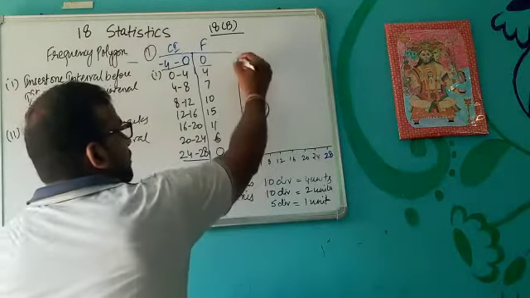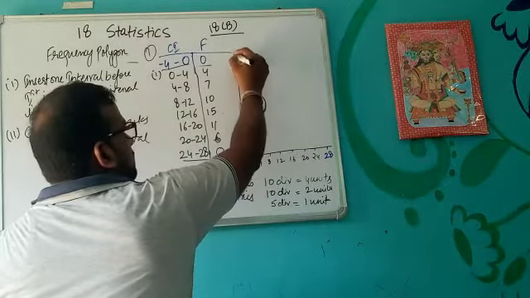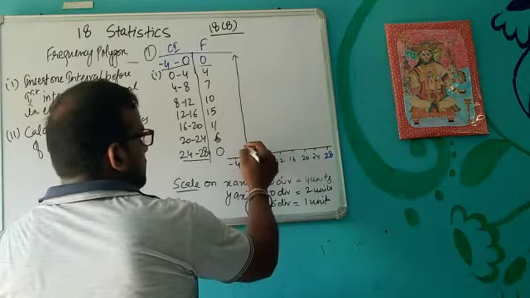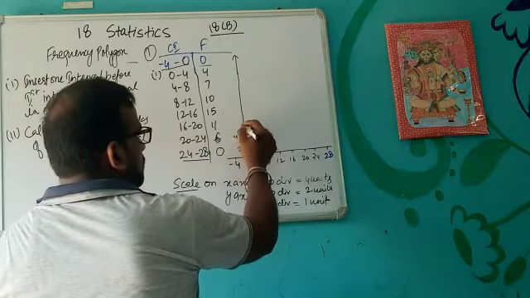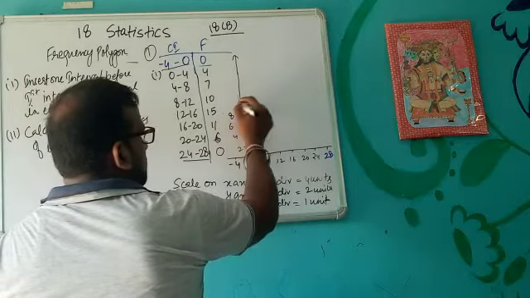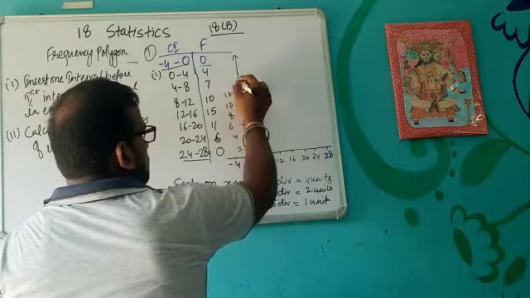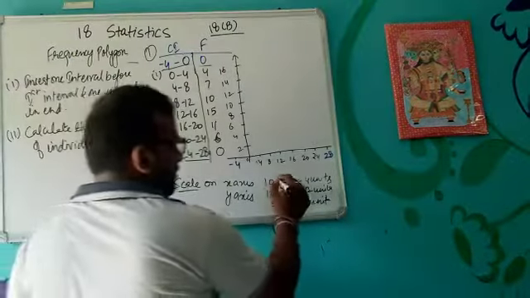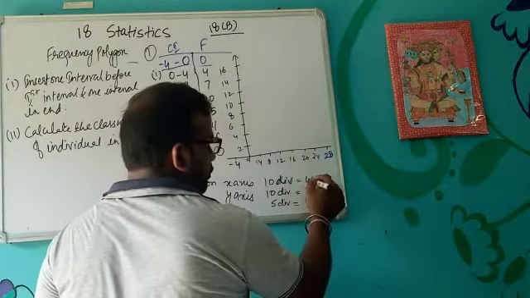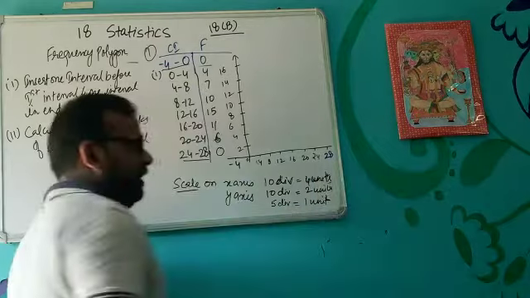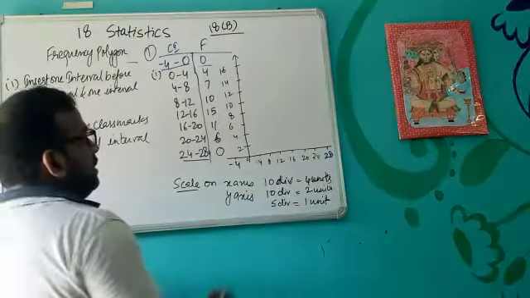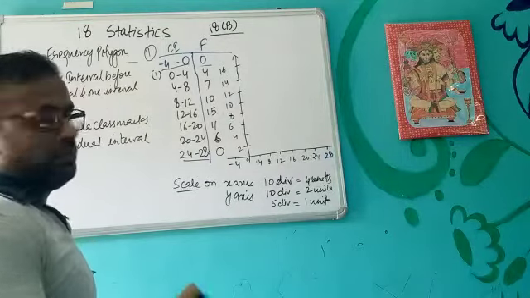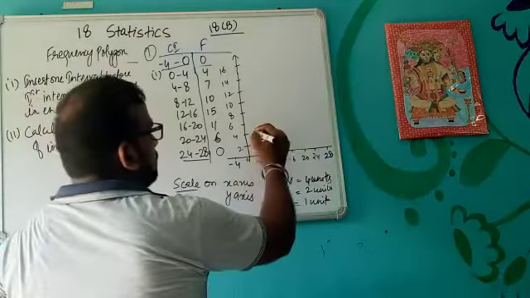Then on the y-axis we will mark the same as we marked for making the histogram. So let this be 2, 4, 6, 8, 10, 12, 14, 16. So our scale will remain the same. 10 divisions equal to 4 units and 5 divisions equal to 1 unit. Then in order to construct the frequency polygon using the histogram, first we have to construct the histogram.